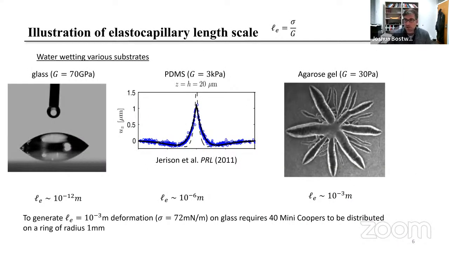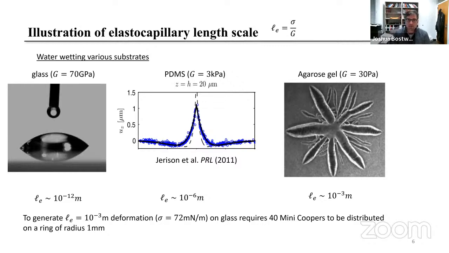I'd like to illustrate the typical length scales associated with these problems, to give you an understanding of how soft some of these materials have to be to observe elastocapillary effects. I'll do this with a small scale analysis. If you take a drop of water and put it on a substrate, that water will induce a deformation on the size of roughly the elastocapillary length.